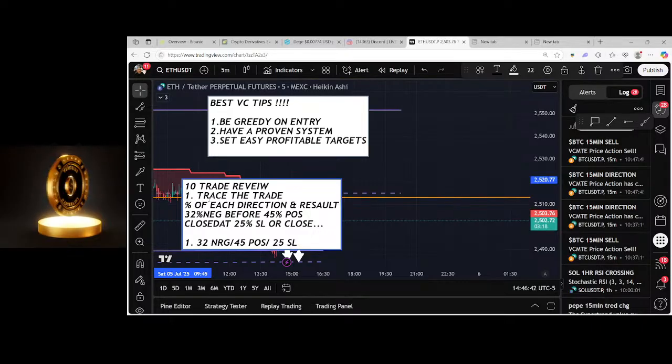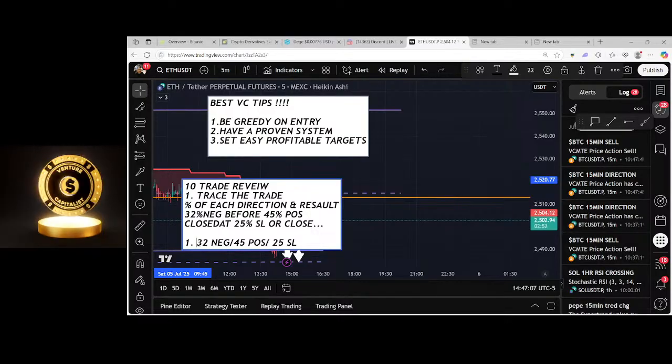What this means is my first trade did 32% negative, it went 45% positive. So when you bought the trade, it ended up going down 32% negative. It went 45% positive and hit a 25% stop loss.